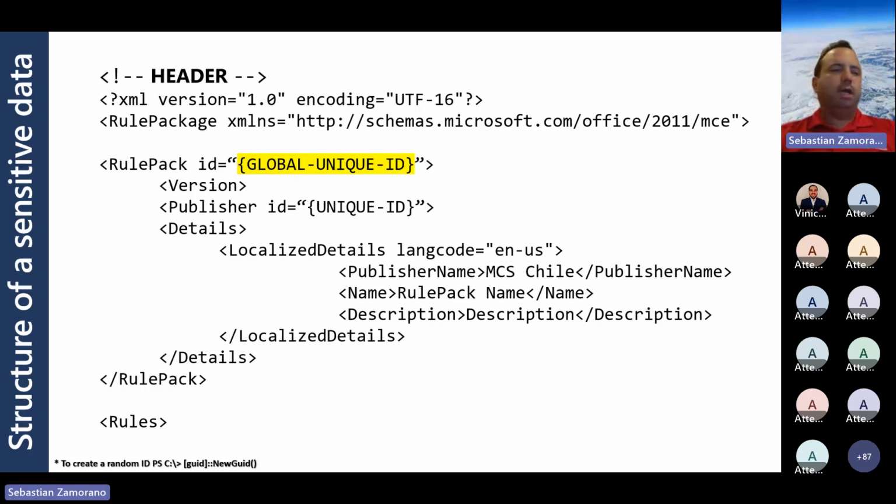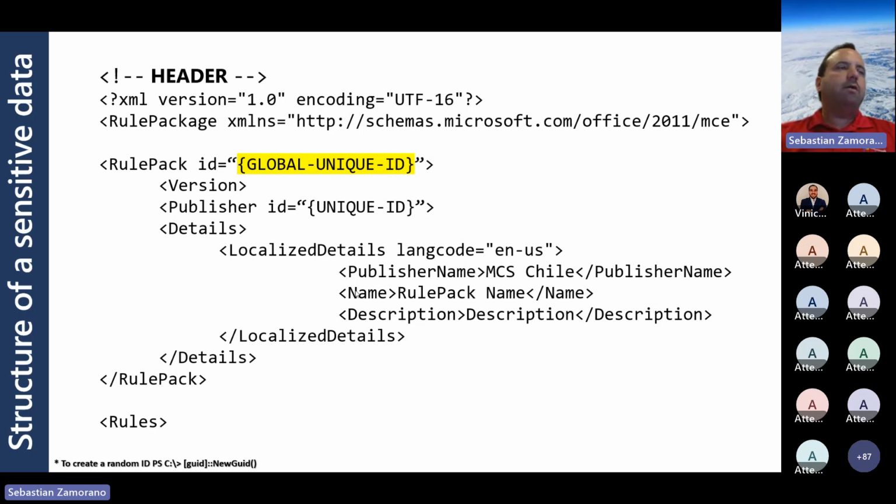We have a limit. In each tenant, you can have a limit of 10 rule packs. And one of those 10 rule packs is taken by Microsoft itself. That means we can have another 9 rule packs that we can use. The rule pack permits having several different sensitive information types.